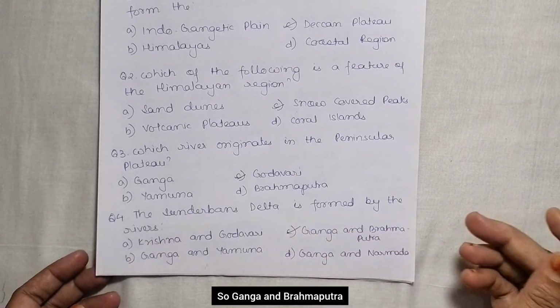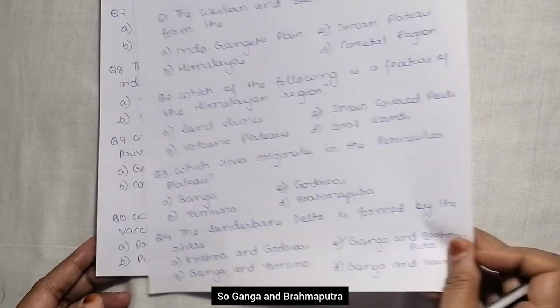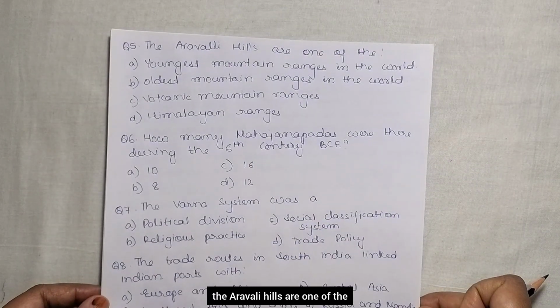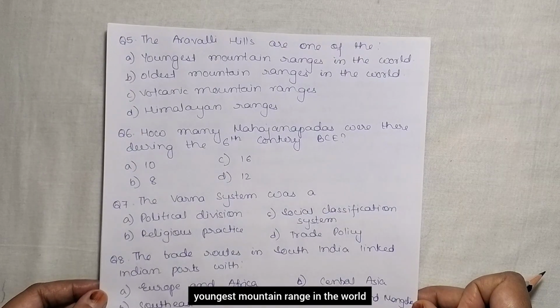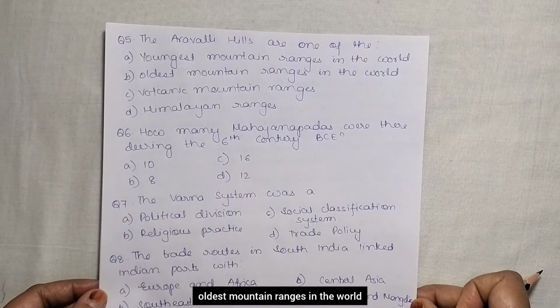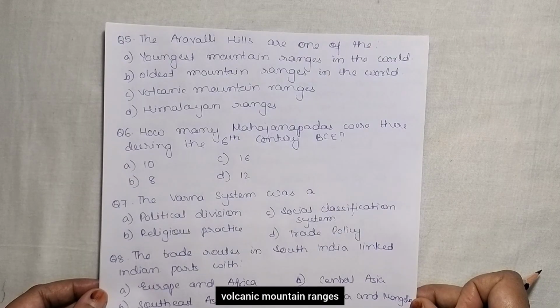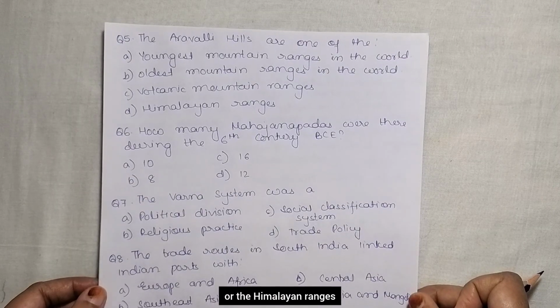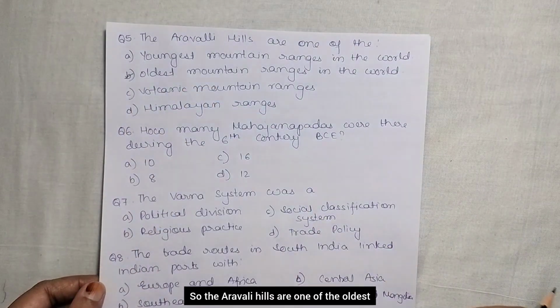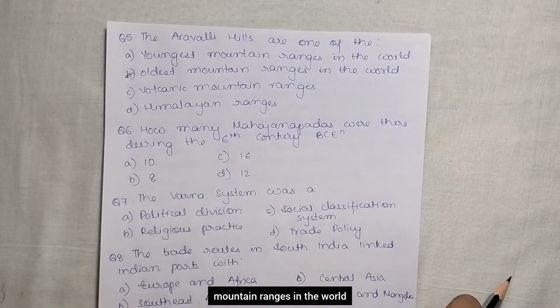So, Ganga and Brahmaputra. Next, the Aravalli Hills are one of the youngest mountain ranges in the world, oldest mountain ranges in the world, volcanic mountain ranges, or the Himalayan ranges. So, the Aravalli Hills are one of the oldest mountain ranges in the world.